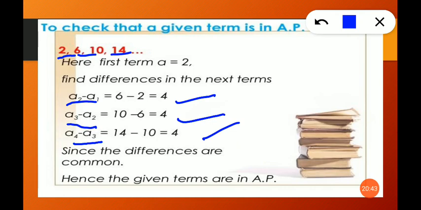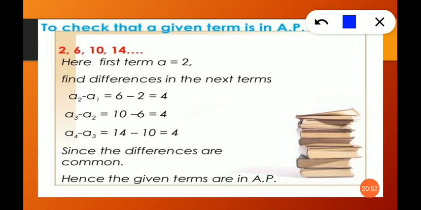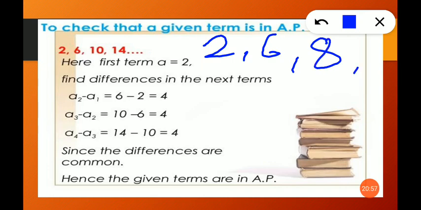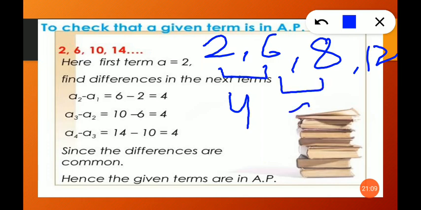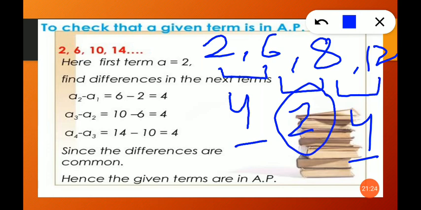Sometimes it happens that the difference does not come the same. Let's take that example also. Suppose we have taken the terms 2, 6, 8, 12. Now what is the difference between 2 and 6? 4. Between 6 and 8, 2. Between 8 and 12, again 4. Here the first and last differences are the same, but this one is different.